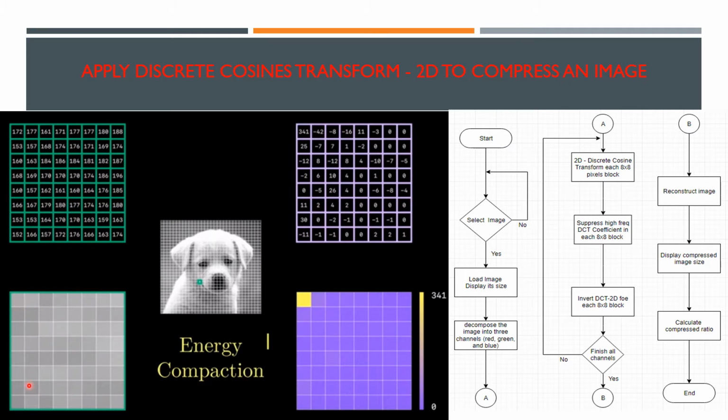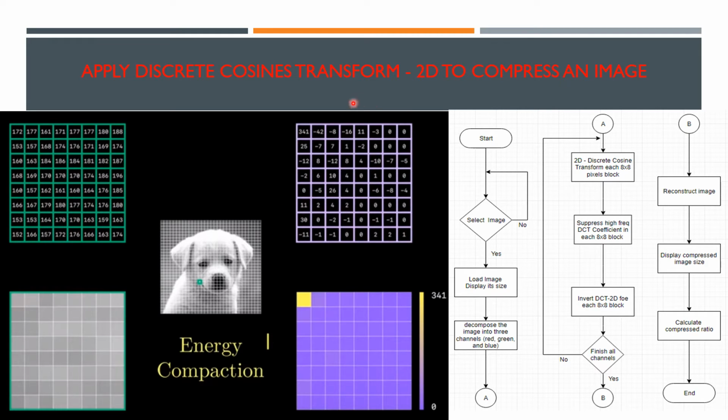It means the low frequency contributes more in the block than the high frequency. We can clearly see that by converting the 8 by 8 block with the 2-dimension discrete cosine transform.